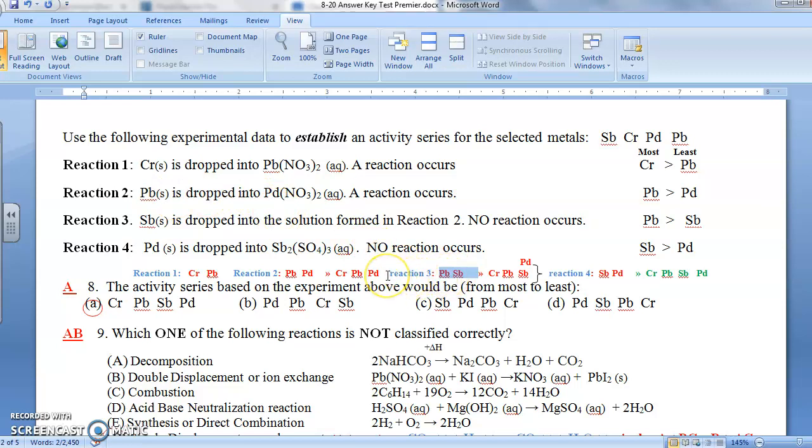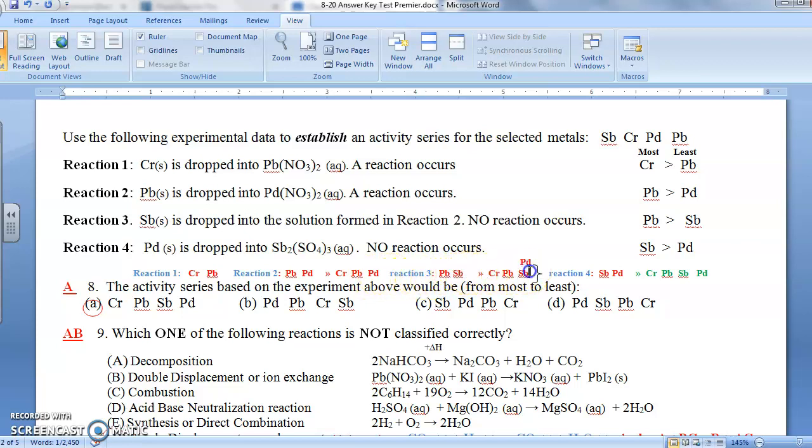In reaction 1 and 2, we had this order set. So what did we learn? That antimony, Sb, must come after Pb. Palladium, Pd, is already after Pb.